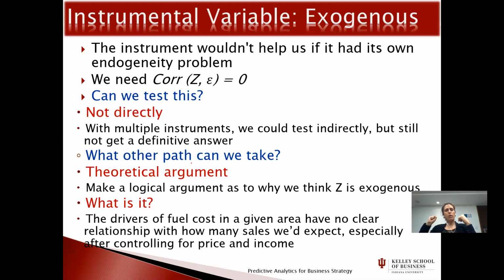Again, of course, the price is affected, and their income, their budget, is affected, but not beyond those two things, no other discernible effect. That's the argument that I need to go through in order to convince myself that this input cost is something exogenous.